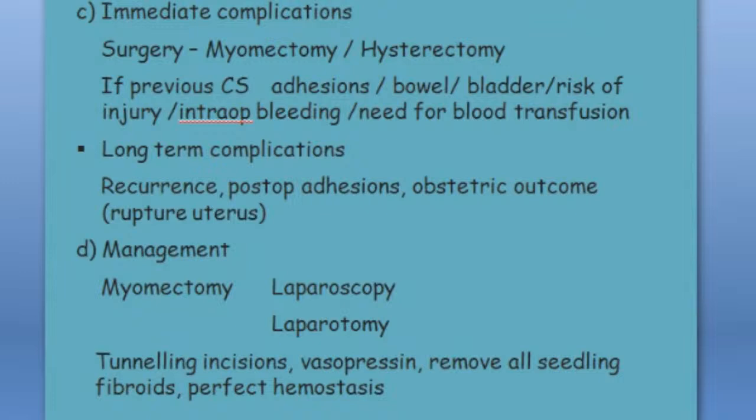Then I told you about the role of vasopressin, which is a very good hemostatic agent which reduces intraoperative blood loss. Then one of the important principles is to remove all the seedling fibroids. Perfect hemostasis is very important. Good approximation of the endometrial cavity, if you have entered the endometrial cavity during the enucleation, is important.